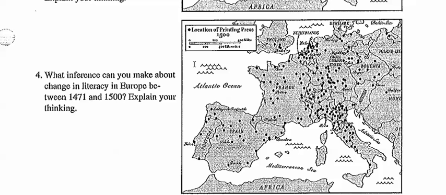Explain your thinking. Now, when you're looking at this particular map, you're looking at 1500. Ask yourself, were there educated people in this particular time period? A majority of people back in the day were taught by priests, were taught by elders, all right?